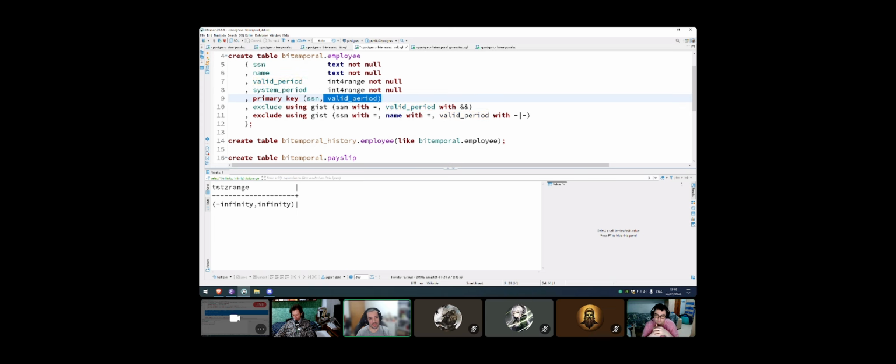It could overlap, which means we could have a range from 1 to 4 and another range from 2 to 5, and this would actually overlap and would not be a valid state because we potentially have two states from time 2 to 4 for that SSN.